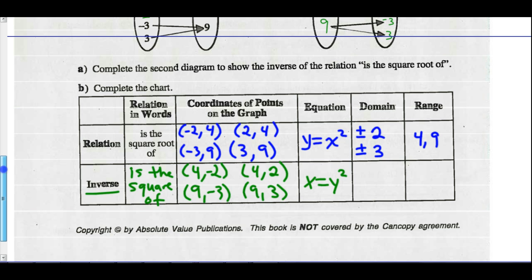Or if you want to solve this for y, you take the square root of both sides. And the rule when you take the square root of both sides is to include the positive and negative. So x equals y squared, or y equals plus or minus root x. Domain would be the range from the original function. So the domain of the inverse would be 4 and 9. And the range of the inverse would be the domain of the original function, plus and minus 2, plus and minus 3. Beautiful.